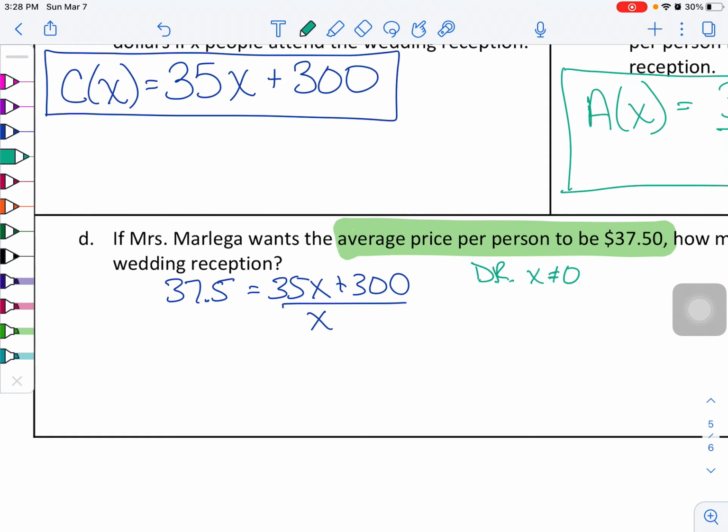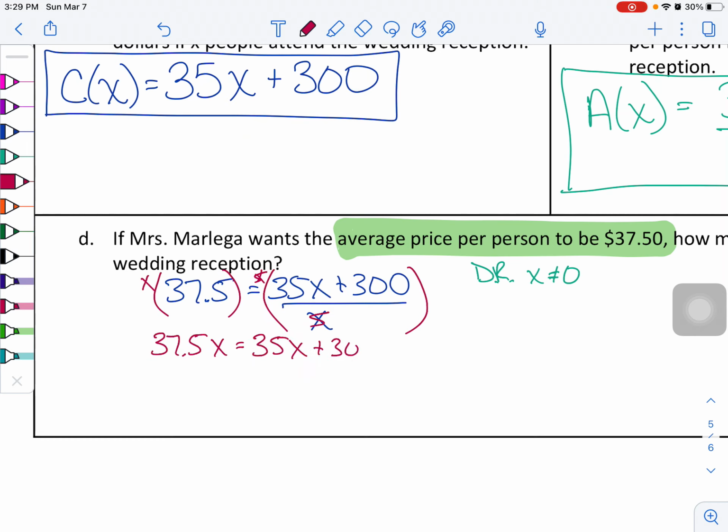That's the equation I'm going to be dealing with. First thing I'm going to do is say my domain restriction, x cannot equal 0. Again, if x equals 0, then no people are attending your banquet, and you wouldn't have to worry about paying for it then. Your LCD in this case is x.